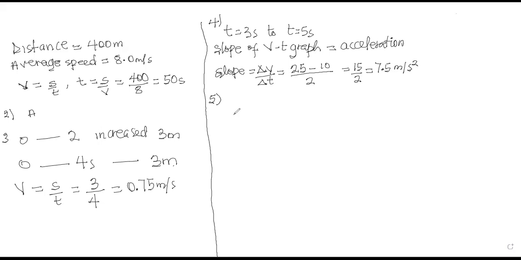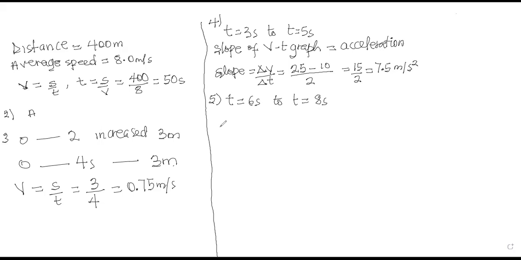All right, question 5. What is the average speed of the object during the time interval t is equal to 6 seconds to t is equal to 8 seconds?